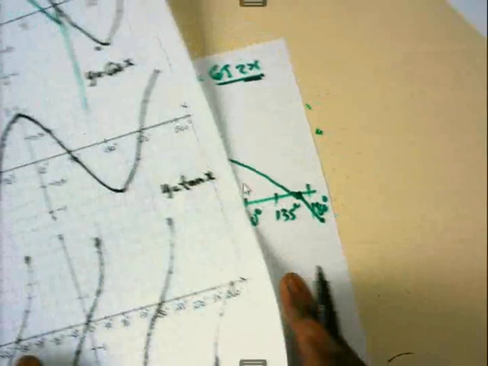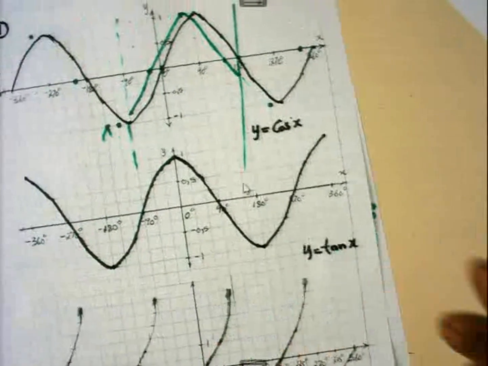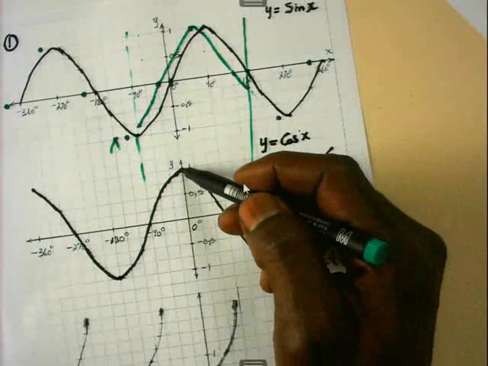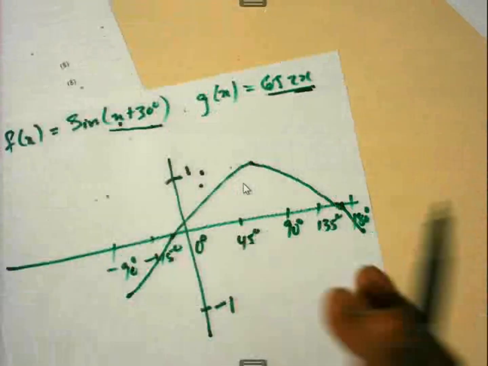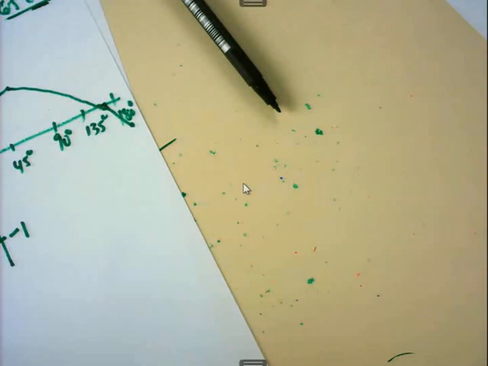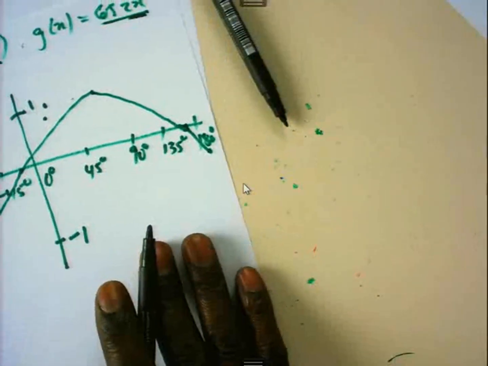Now, I said we must sing that nice song, 1, 0, negative 1, 0, 1. Now that I've got my nice scale, I can sing that song, and let me have another color here. I'm ready to sing the song.